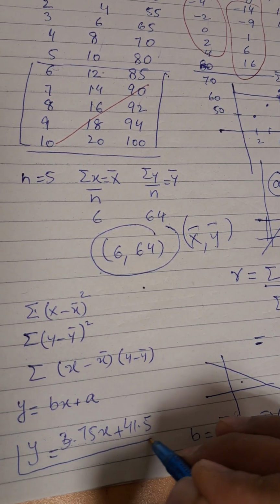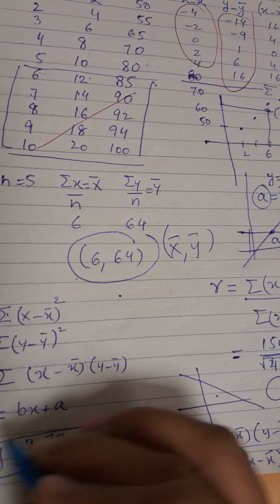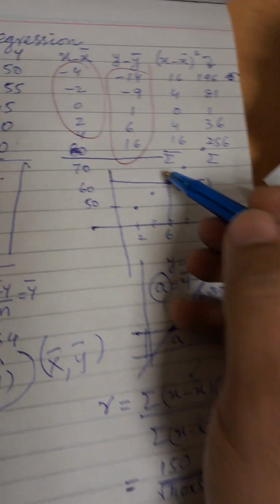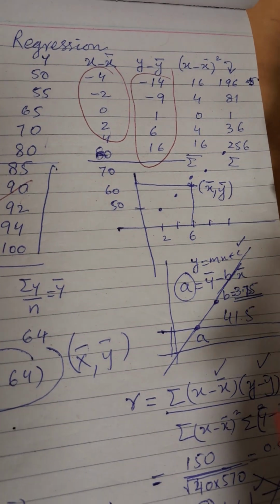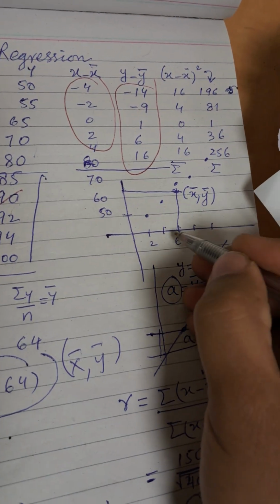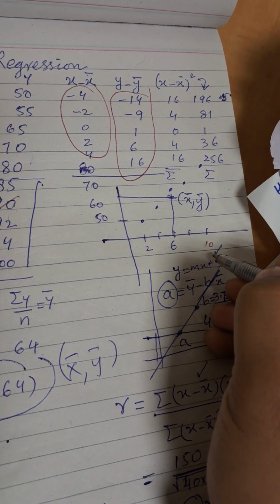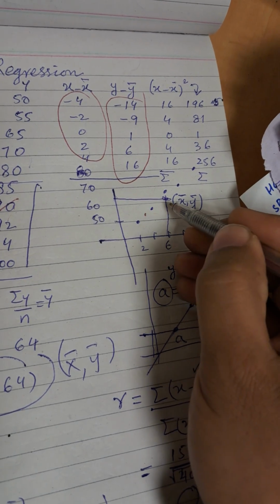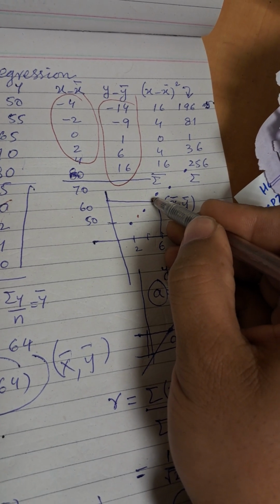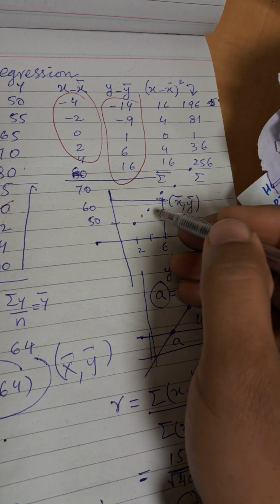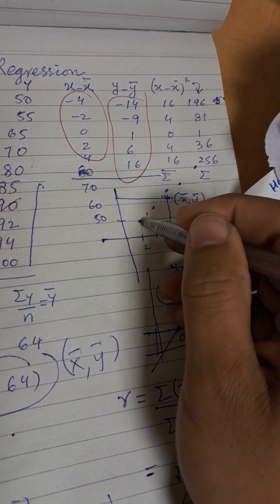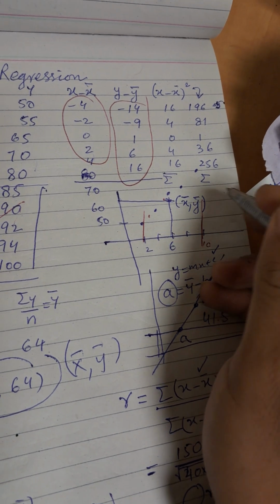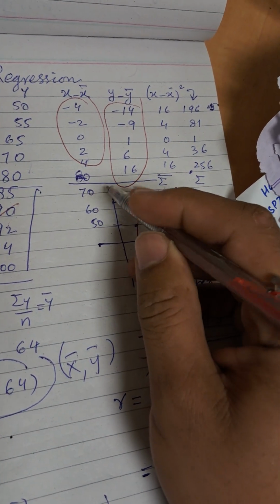So what is the utility of this equation? Is it any useful? Yes, it is very, very useful, because if you look here, we had data from, let's say, 2 to 10, and if we had a student studying 2.5 hours or 5.5 hours or 6.5 hours or 7 hours, as long as it is within the range of data we have, we can predict the marks for the student.